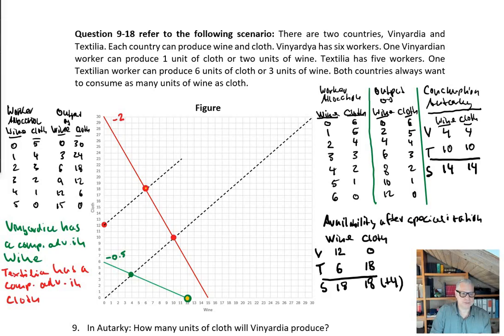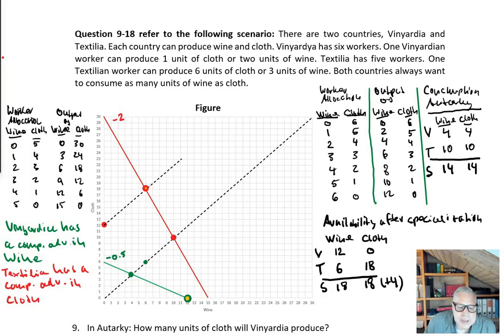So that means that Vineyardia, instead of having 4 and 4, can actually consume now 2 more, 6 and 6. And Textilia also gets 2 more.